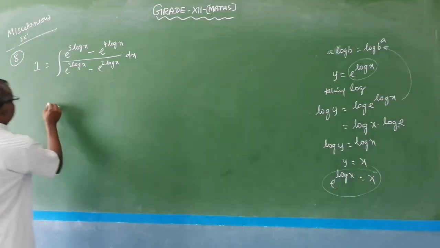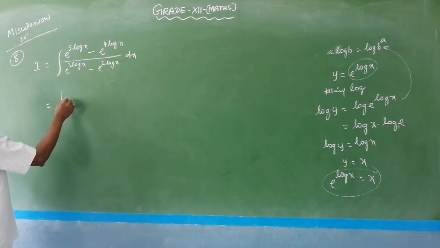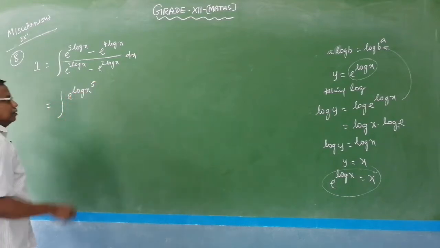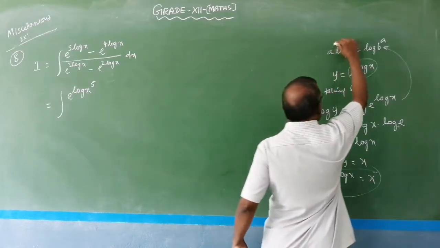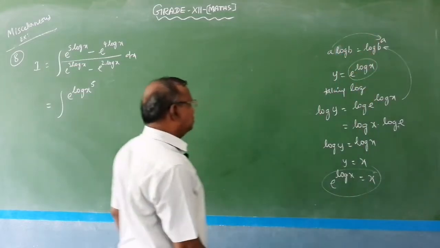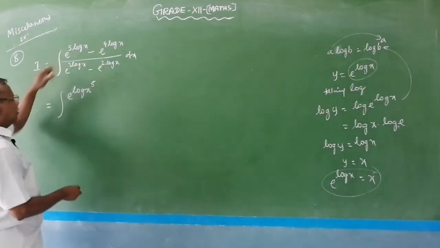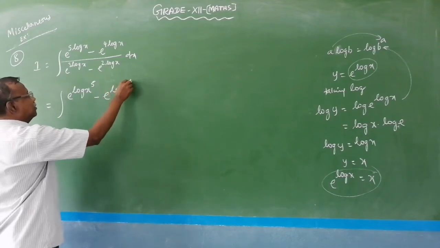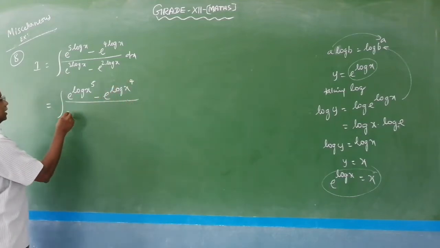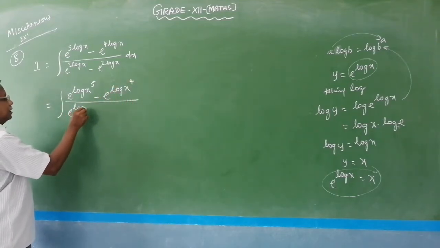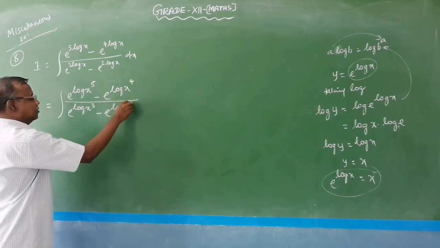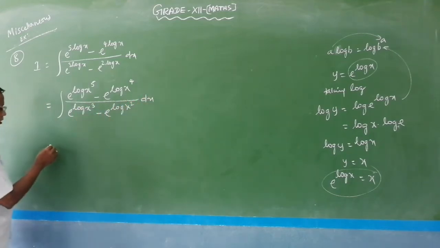Accordingly, we can write I as e power (log x power 5), so the first rule: bring the coefficient to the power. So, e power log x power 5 minus e power log x power 4, and the denominator is e power log x cube minus e power log x square, into dx.